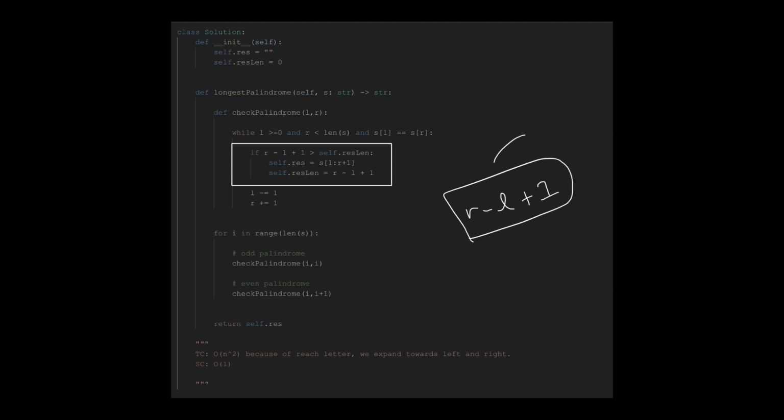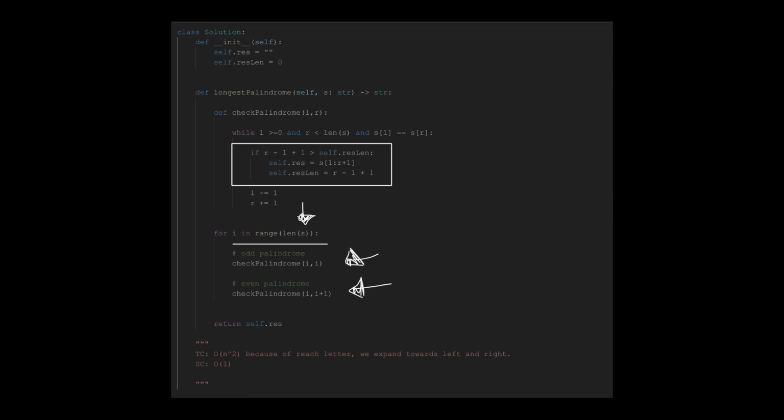And once we have this helper function, all we need to do is for each character inside S, check if we have an odd palindrome or an even palindrome, because remember, we can have either one. For each character at I, we want to check for both possibilities.